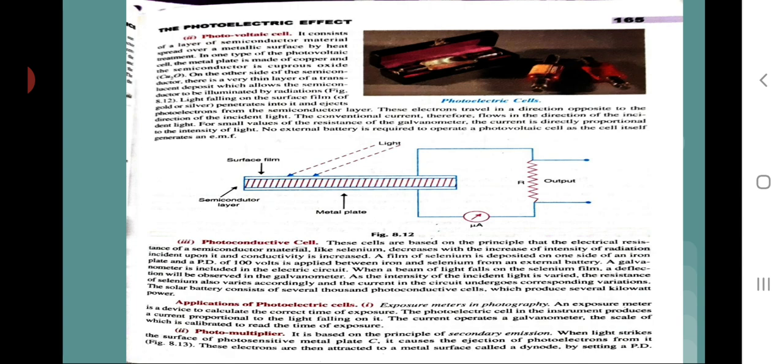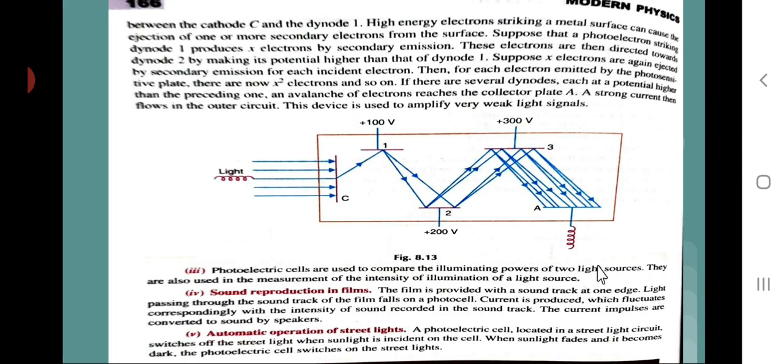These electrons are attracted to a metal surface called a dynode. By setting a potential between the cathode C and dynode 1, high energy electrons striking a metal surface can cause the ejection of one or more secondary electrons from the surface.